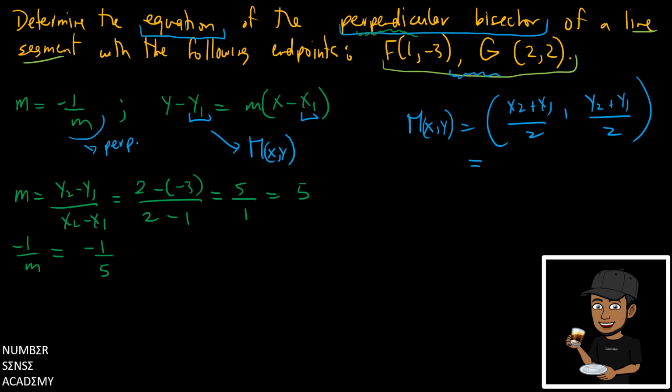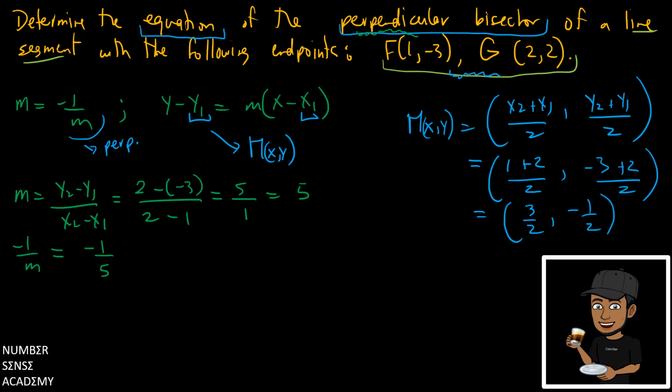So I'm going to write it as, either way, 1 plus 2 over 2 and then y is going to be negative 3 plus 2 over 2. So this becomes 3 over 2 and negative 1 over 2. So that's my midpoint.